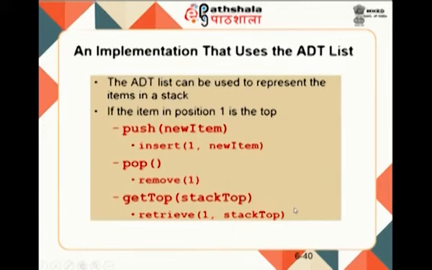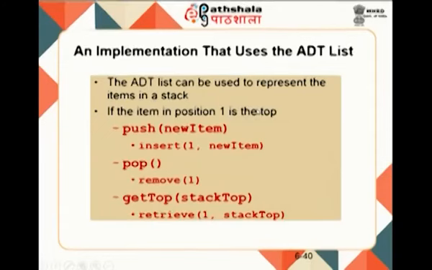Now, we go to using the ADT list. So, that is another way of implementing the stack. This is interesting because the first time we are using an ADT in an application, that is what we are essentially doing. ADT list can be used to represent the items in a stack.